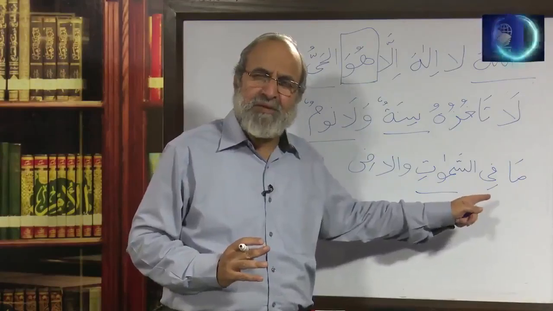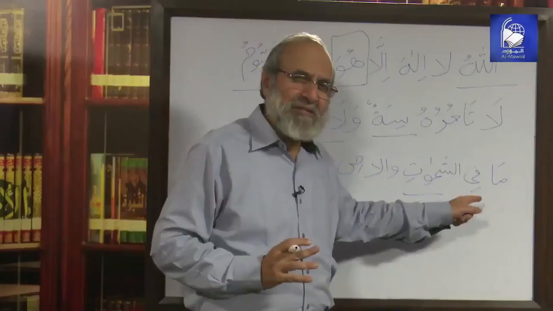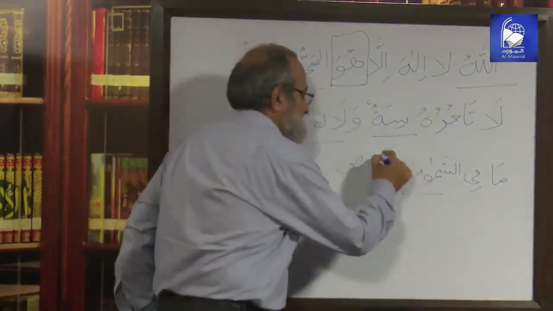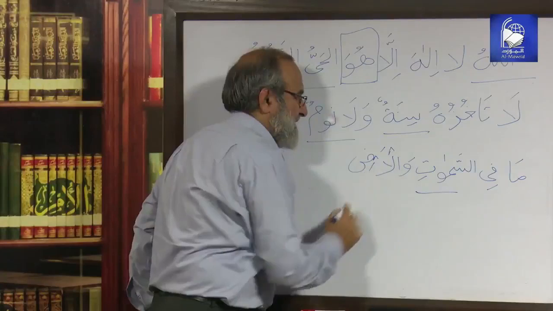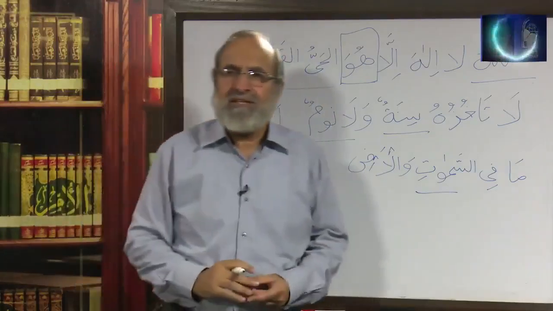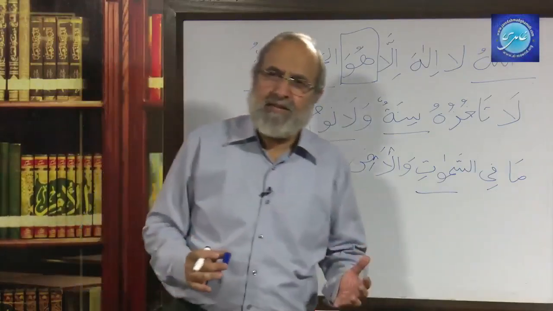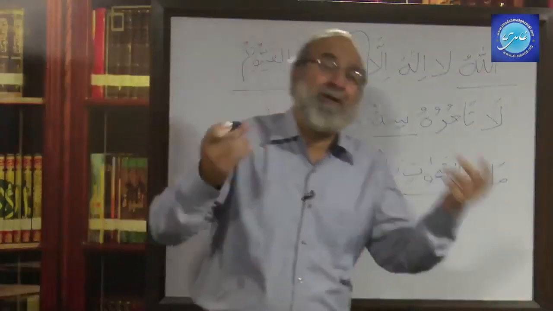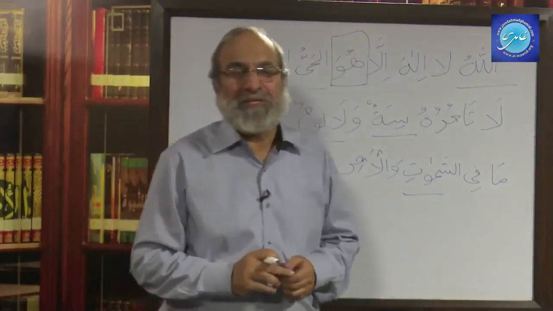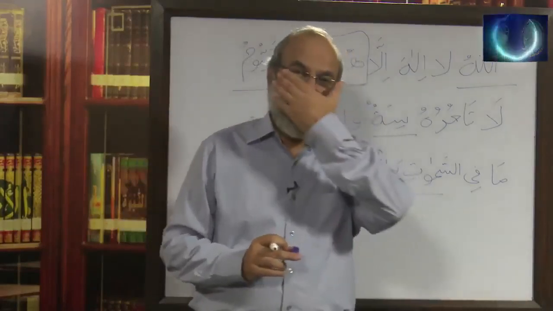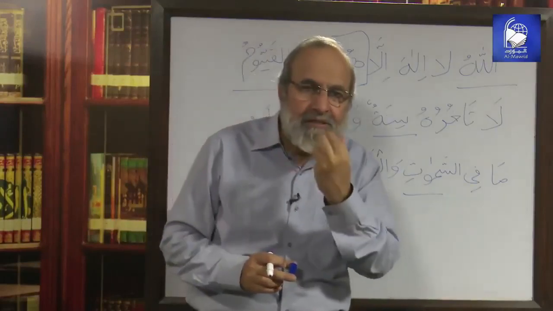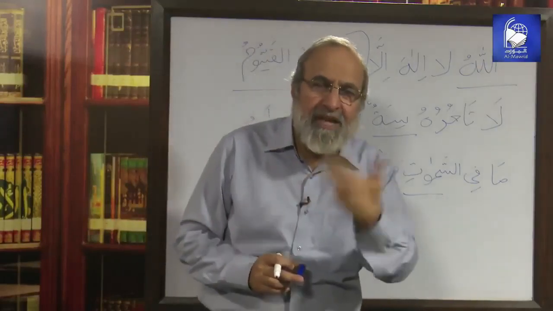You notice that as-samawat is not actually giving you the sound of al, but wal ard is giving you the sound of al. This is because there are two types of letters in Arabic. There are some which are shamsi and there are others which are called qamari. Shamsi letters, huruf, are the ones which when they are preceded by alif lam, the lam is silent.